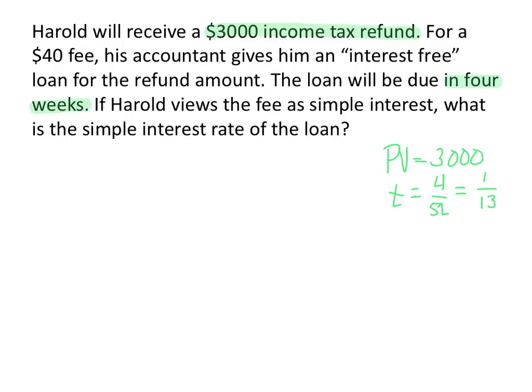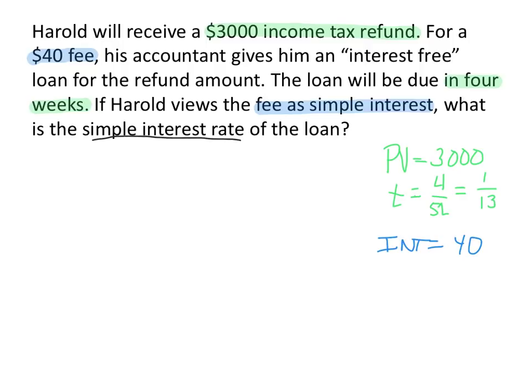If Harold views the fee as simple interest, so the fee is simple interest, $40 fee. We know INT is $40. What is the simple interest rate of the loan?